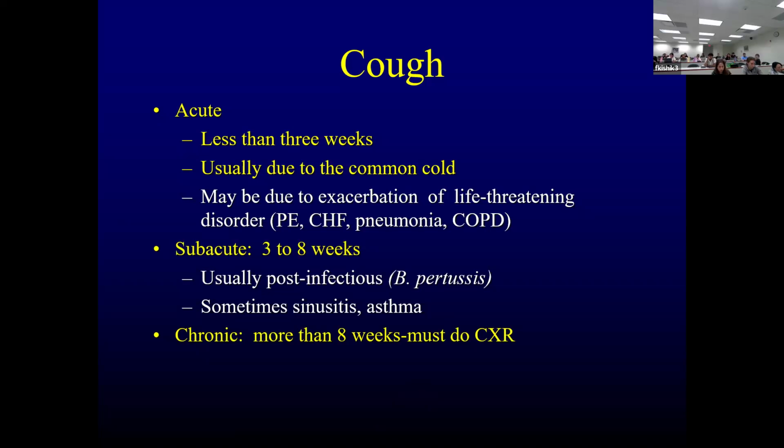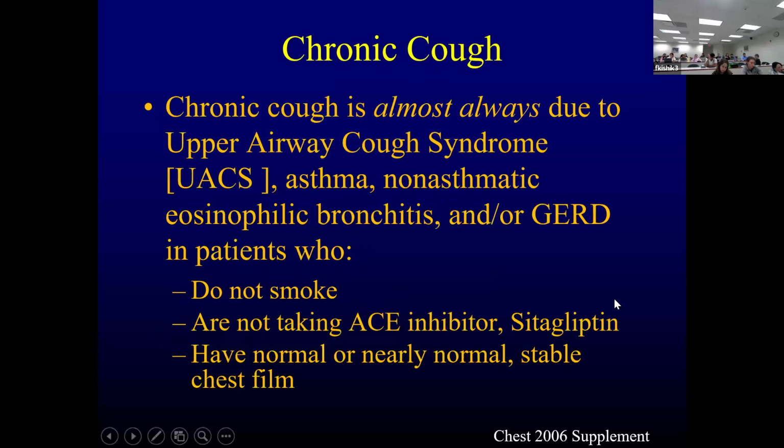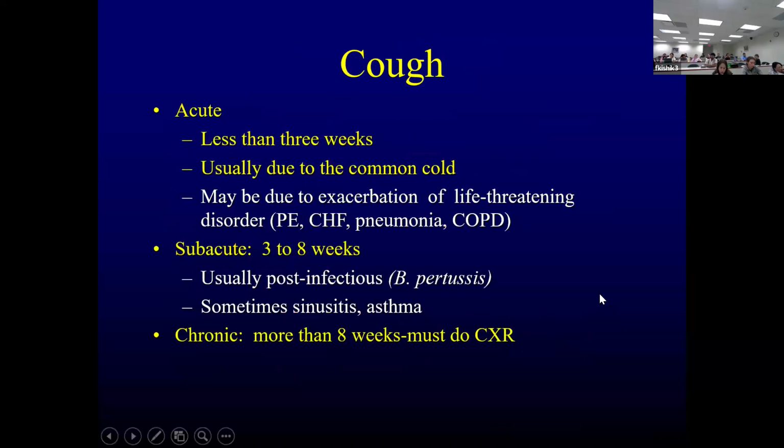Okay. So what causes acute cough? Acute cough is generally an exacerbation of your underlying cardiopulmonary disorder. You have CHF, interstitial lung disease, or COPD, and it suddenly becomes worse. That's generally an acute cough. And what about subacute cough? Subacute cough, which lasts between 3 and 8 weeks, is generally from Bordetella pertussis.